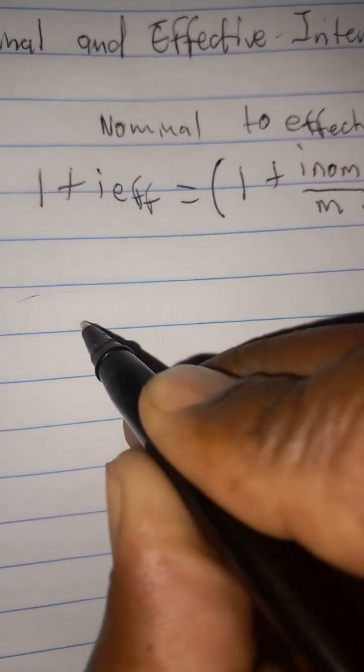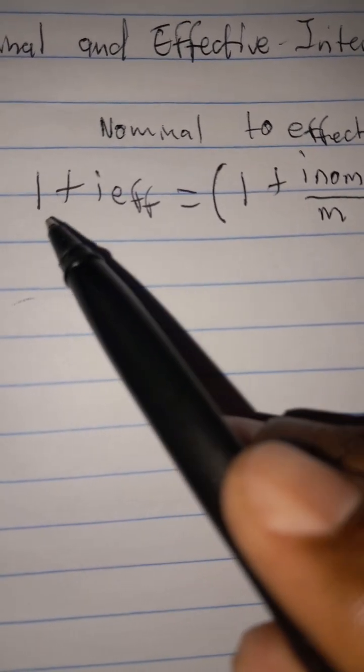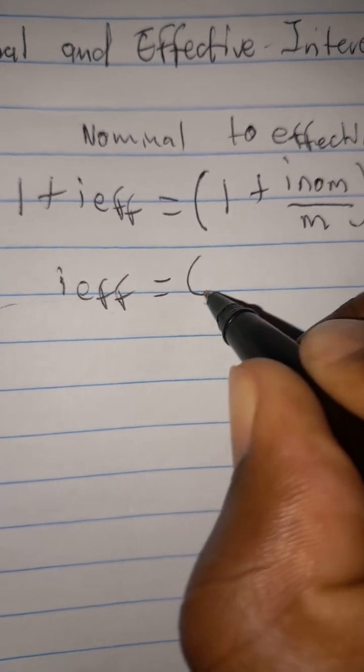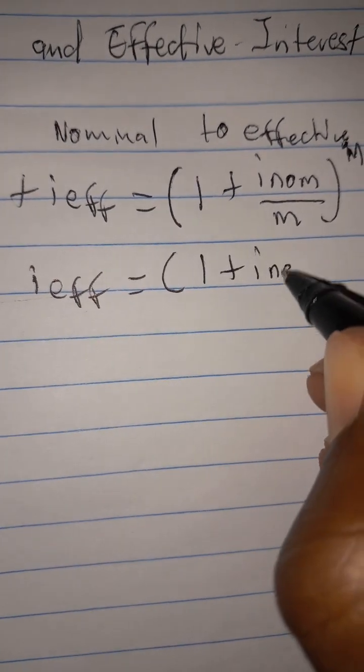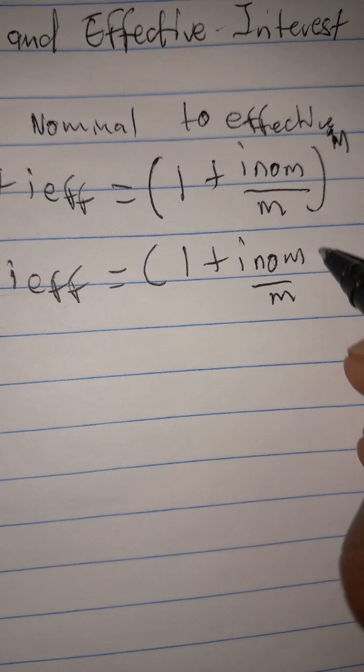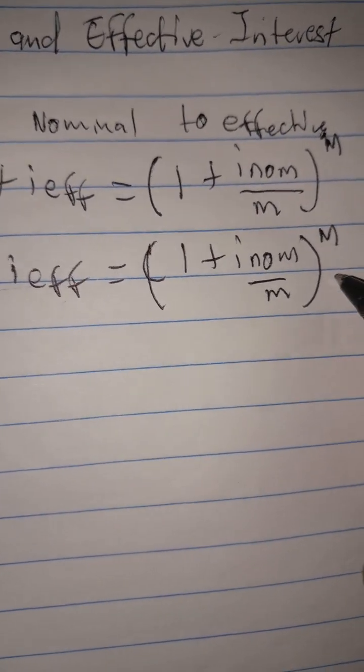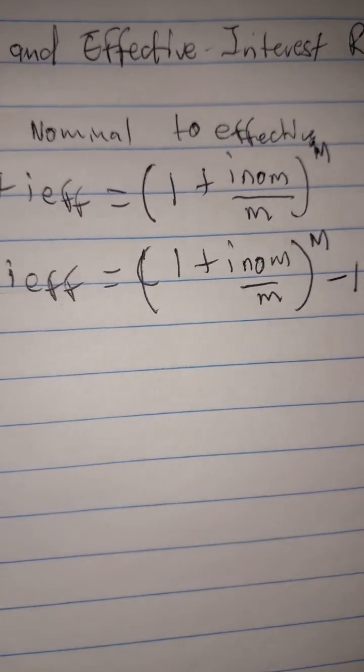So if we were to find the effective interest rate, the simplest way is to make I effective the subject of the formula. You can just take 1 to the other side. So we could just say I effective is equal to 1 plus I norm divided by the compounding period, to the power of m, minus 1. So this will help us to get the I effective. Okay, so without wasting time, let's get to the questions then.